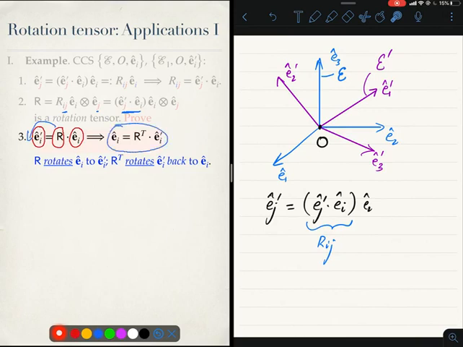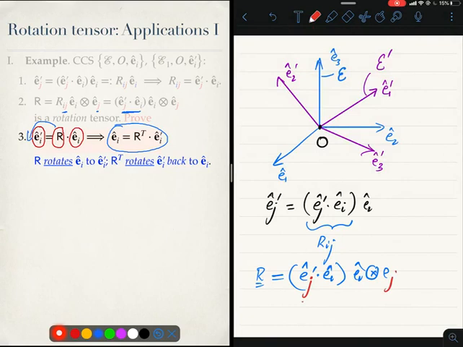So what we have just shown is that R is defined by this formula: R is Ej prime Ei, Ei tensor Ej. Okay, so let me color code it for your convenience. Remember that it is Ej prime.